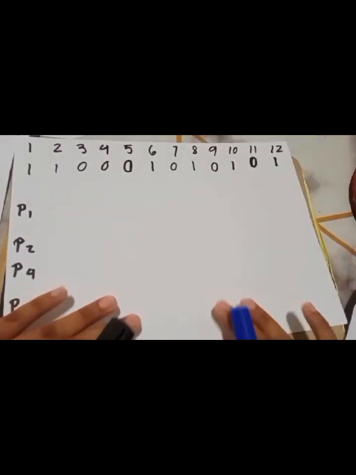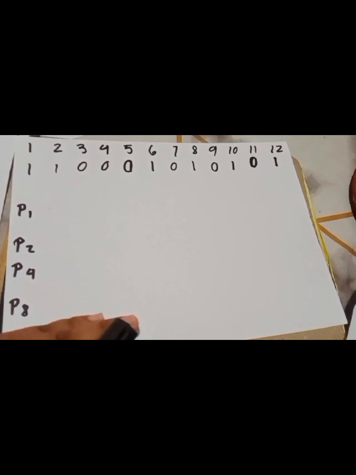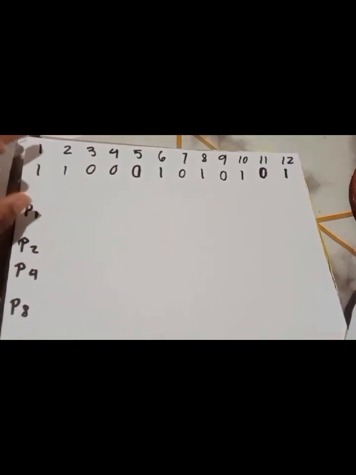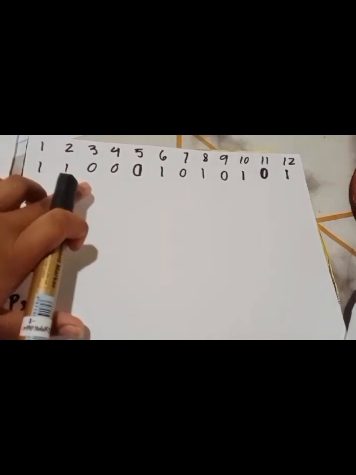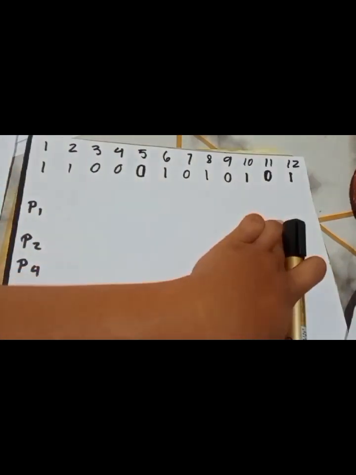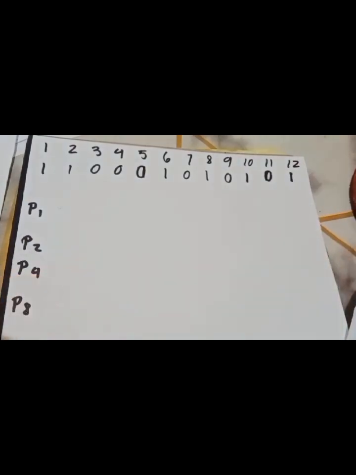Hi, in this video, we're going to show how to find the corrupted bit in the Hamming code. So the question is the binary 1 1 0 0 0 1 0 1 0 1 0 and 1.